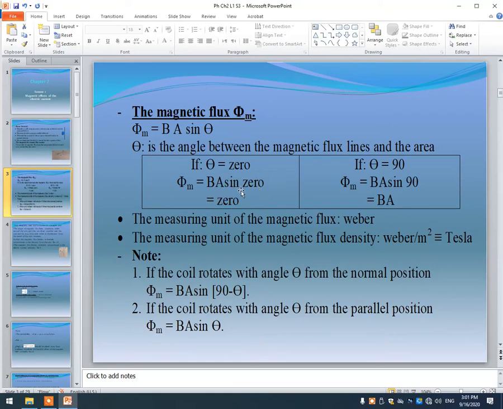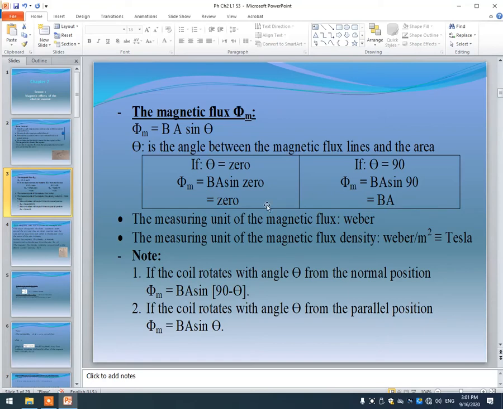Of course sine 0 equals 0, so phi m will be 0. If the area became perpendicular to the magnetic flux lines, phi m changes to be AB sine 90. And of course from your study of math, you know that sine 90 equals 1. So here phi m equals AB.